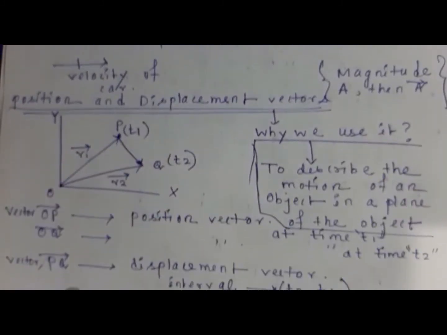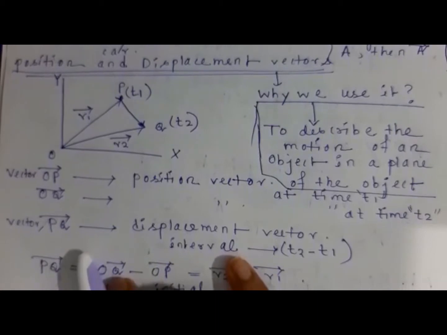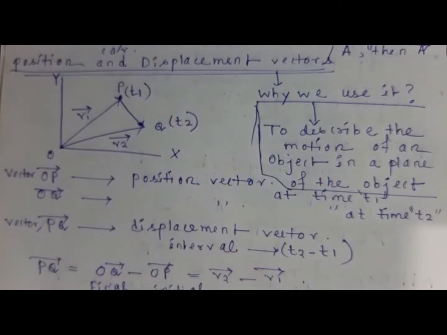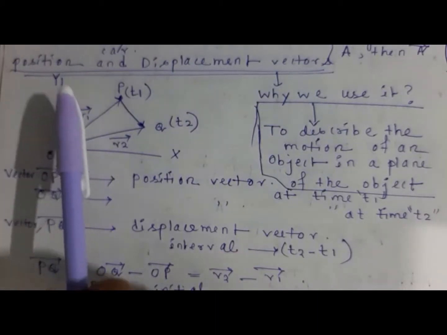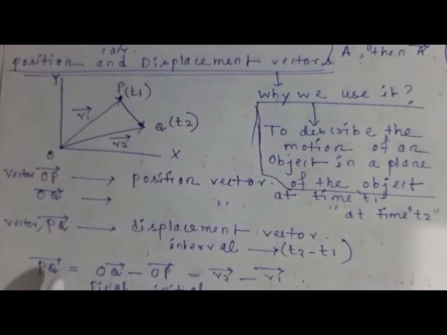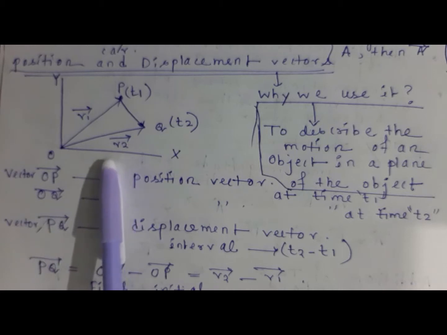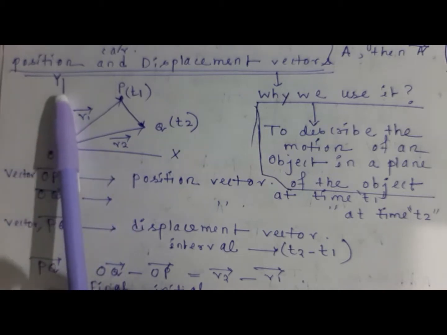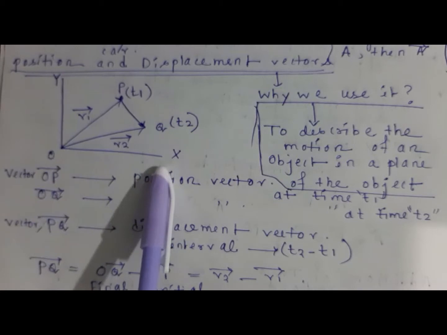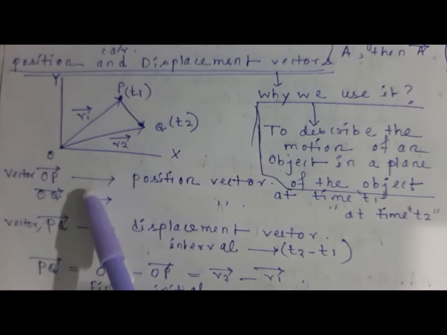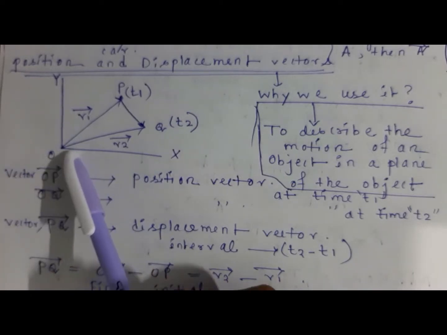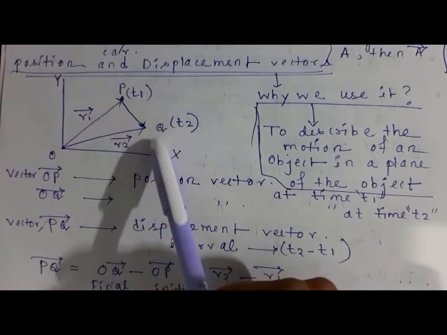Now there are two types of vectors, that is position and displacement vector. What are these position and displacement vectors? Suppose I have drawn a figure here, indicating an xy plane. Here I have drawn a point p and a point q.